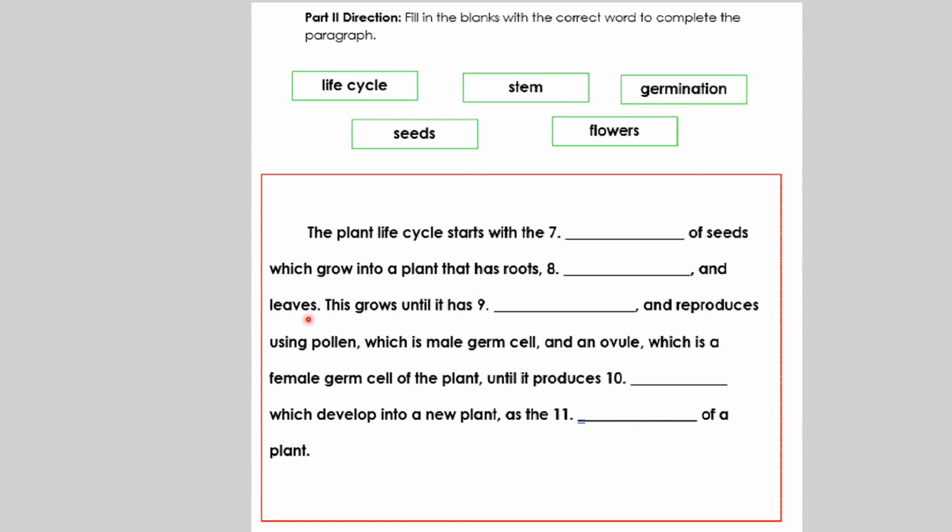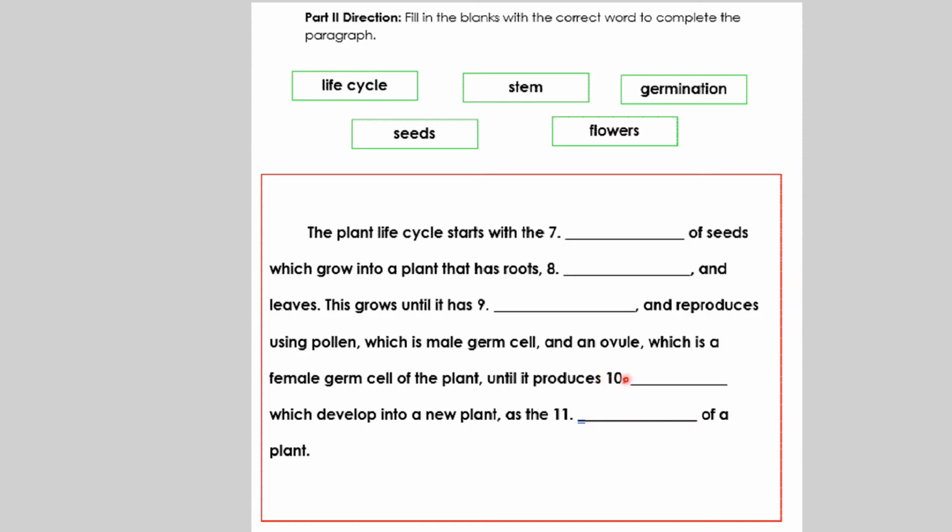So this is the 3 parts of a plant that will grow. So this grows until it has flowers and produces using pollen. Which part of flowering plants contains the pollen grain? So that is number 9, which is the male germ cell, and an ovule, which is the female germ cell of a plant, until it produces, what?